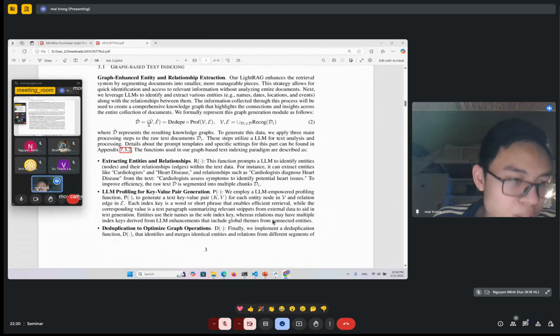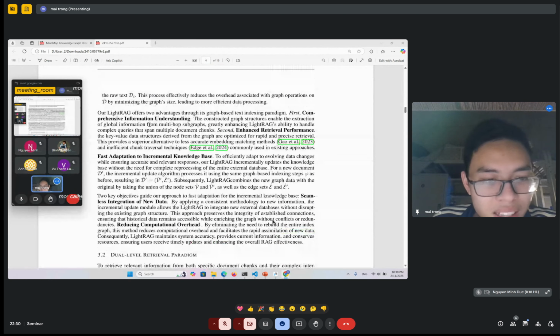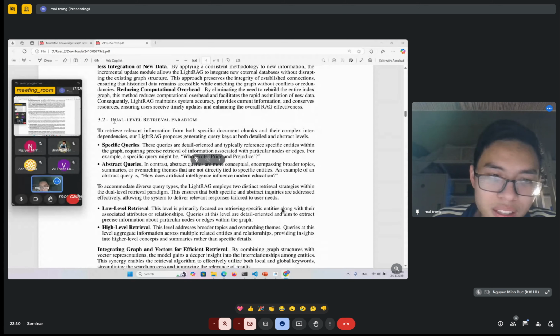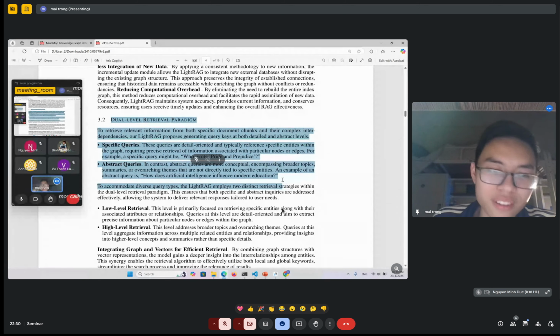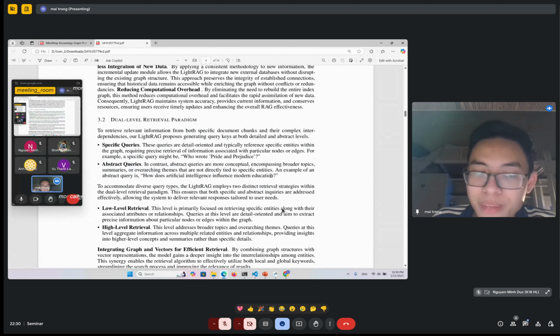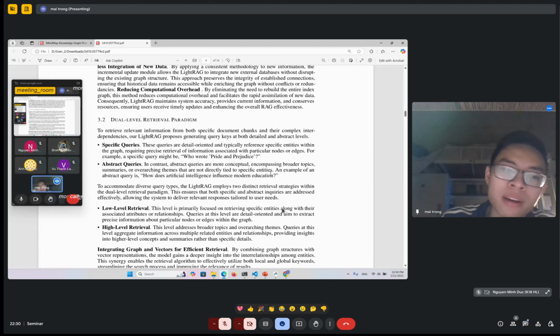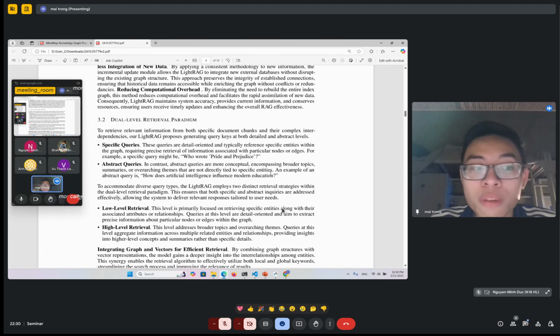In this methodology, they have a part with dual-level retrieval. Your problem has been considered, and there are many methodologies to do that. If we want a more robust retrieval method, we need to compose more information. So they have an abstract query and a specific query.